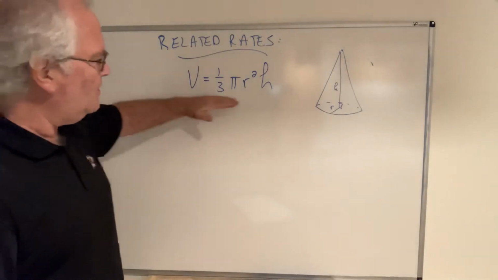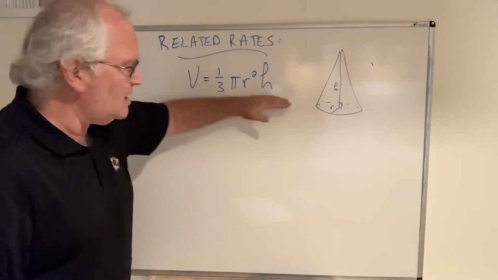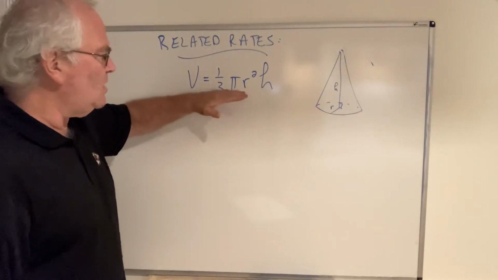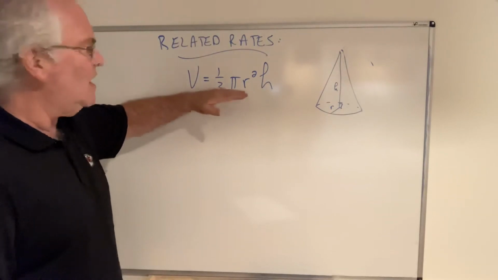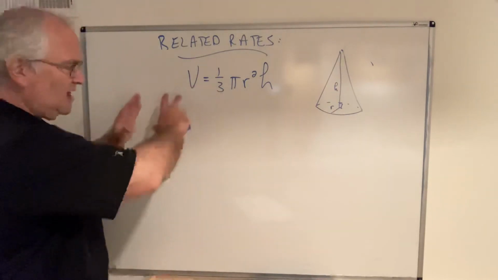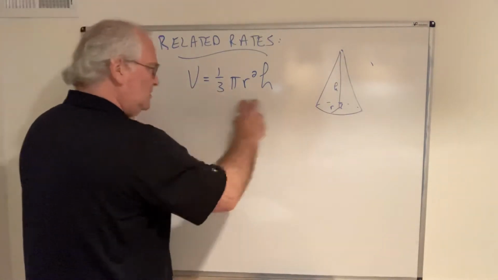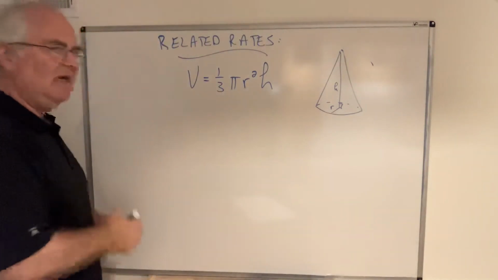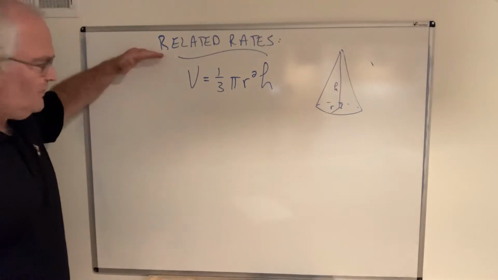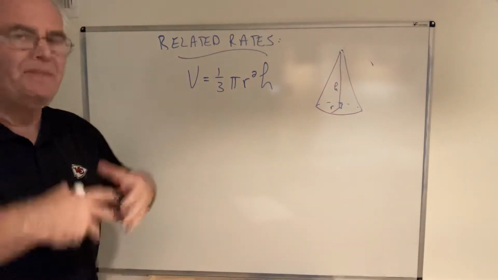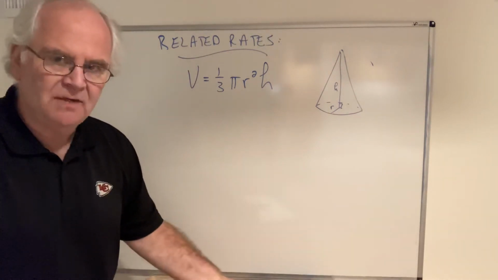And so even though the variable time, t, does not appear in this equation, we will need to differentiate with respect to time. In this first video, I'm just going to take several formulas and differentiate with respect to time, just to get used to doing that part.